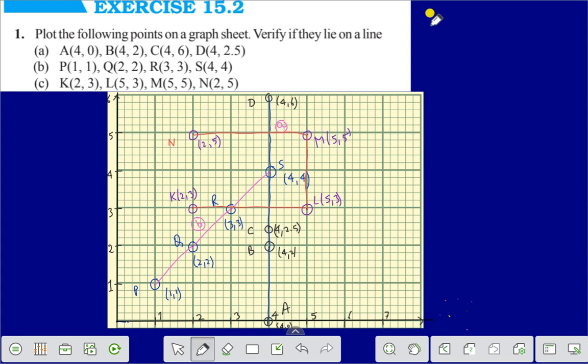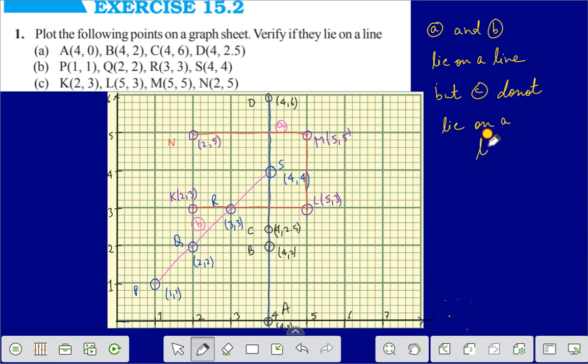A and B lie on a line, but C does not lie on a line.